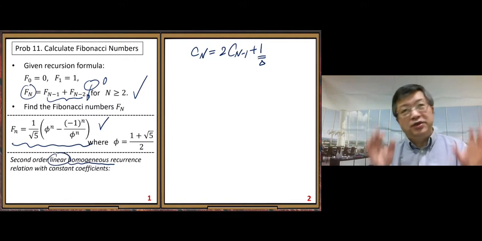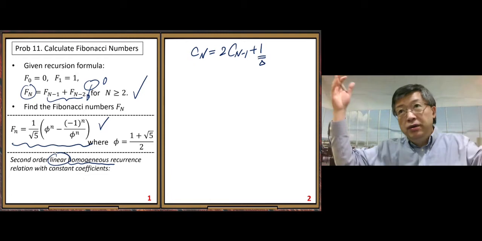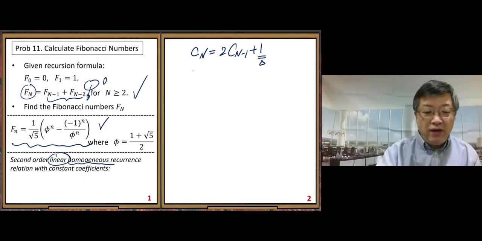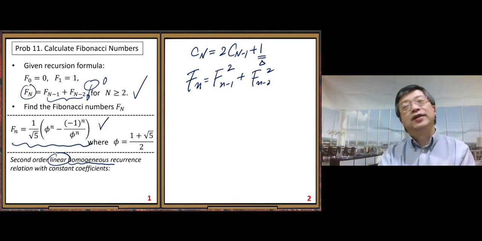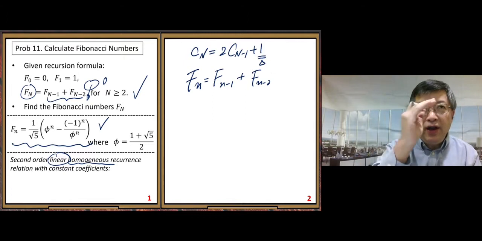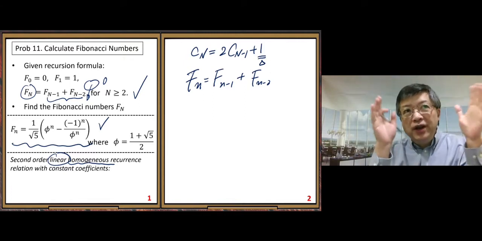Linear term, so you can understand because there is no square term, no other non-linear terms. If I write Fn equals Fn minus 1 squared, Fn minus 2 squared, things like that, that is non-linear. But this one is a linear function.